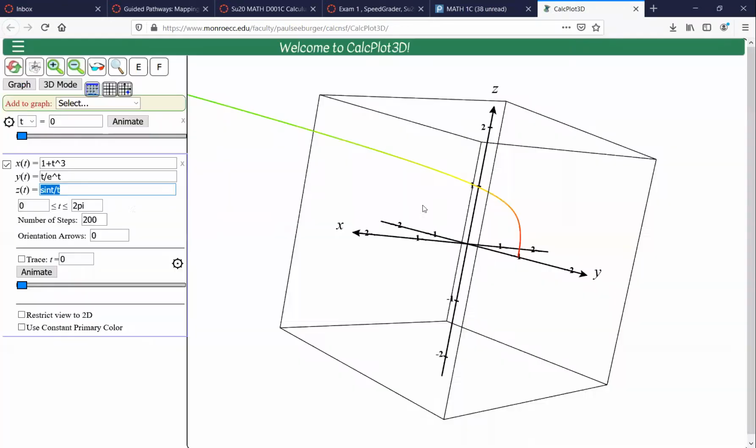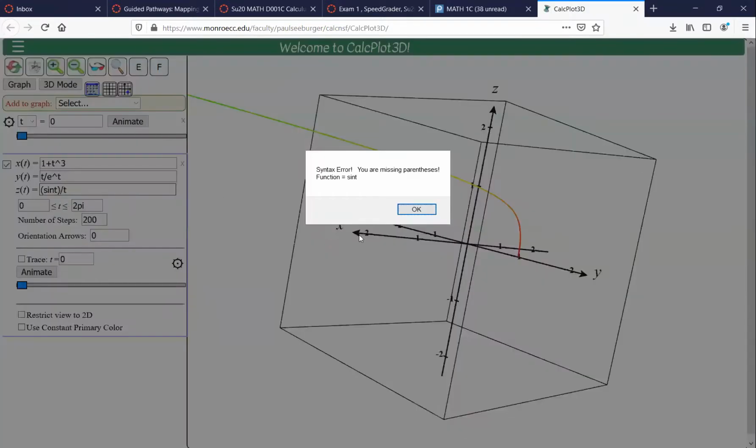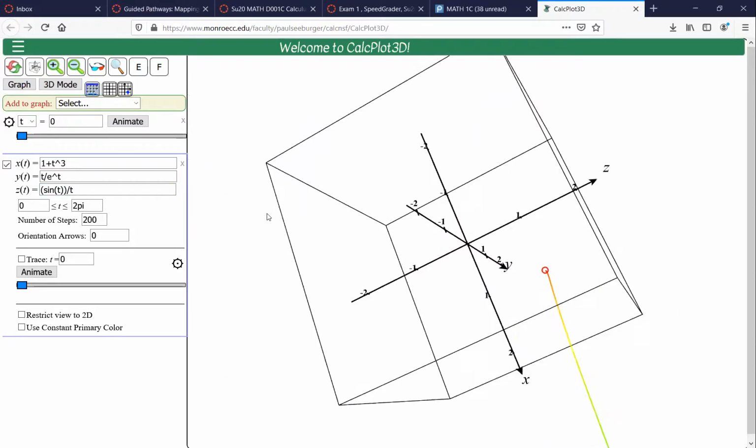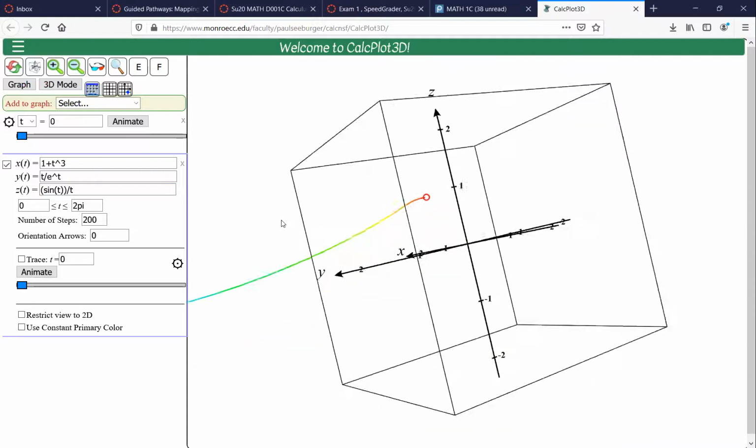You're missing parentheses, so let us put everything in parentheses here. Sine t. Very well, this is your function.